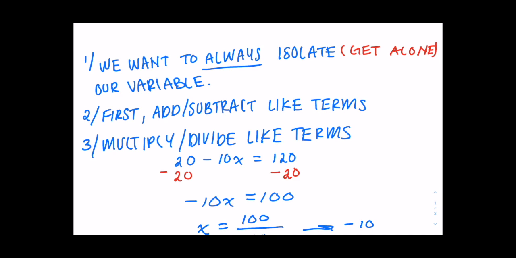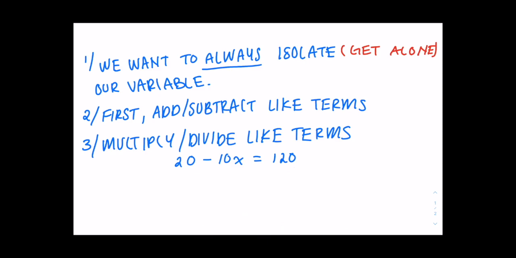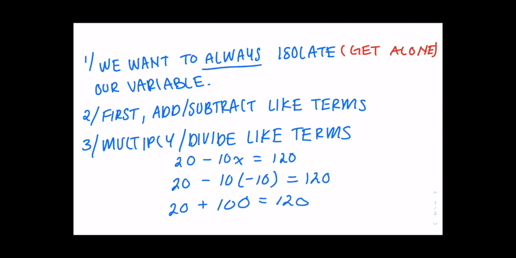Again, we can plug into our original equation just to confirm that this answer is correct. A negative times a negative is a positive, so we get 20 plus 100 is equal to 120, and 20 plus 100 is 120, so 120 equals 120. So that confirms that x is equal to negative 10.